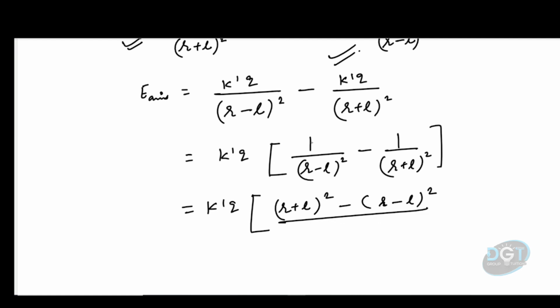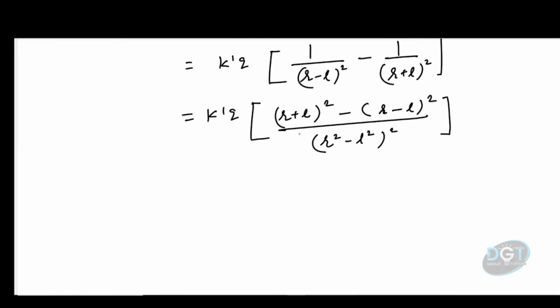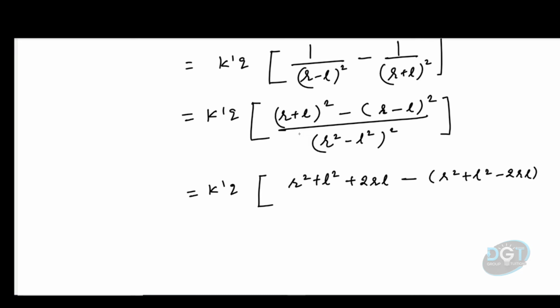So a minus b into a plus b is a square minus b square, whole square. Opening the brackets, we get r square plus L square plus 2rL from the a plus b whole square expansion, and r square plus L square minus 2rL from the a minus b whole square expansion, whole divided by r square minus L square whole square.